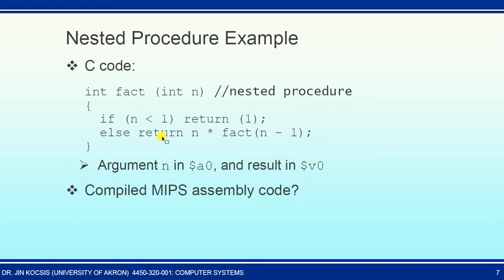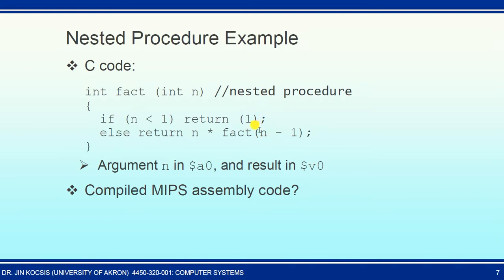Again, as long as this includes a procedure call, basically calling itself, this is a nested procedure, or what we call a non-leaf procedure. Therefore, as long as a certain register will be touched during the procedure call, I need to make sure to push that data onto the stack, right?